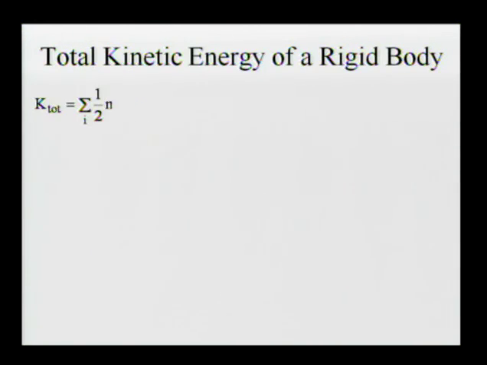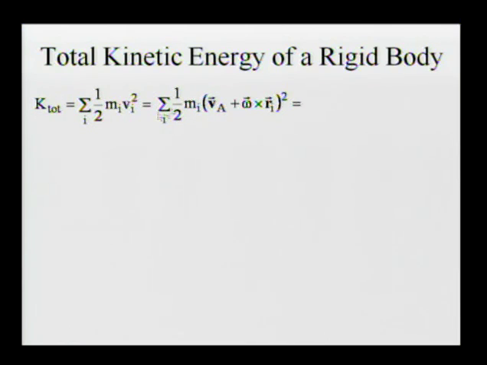Let's take a look now at the total kinetic energy of an object. The total kinetic energy of the object is a sum of kinetic energies of all particles. Each particle has kinetic energy equal to 1/2 of its mass multiplied by the square of its speed.